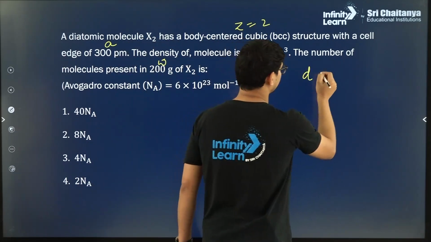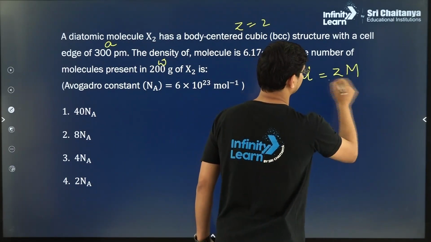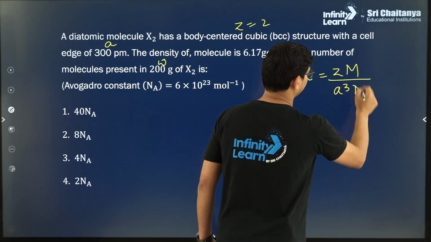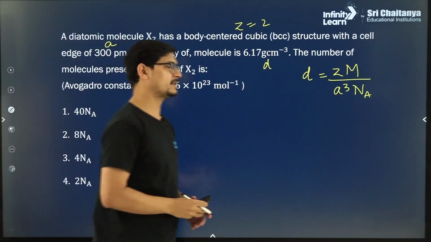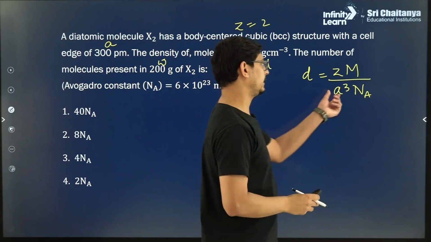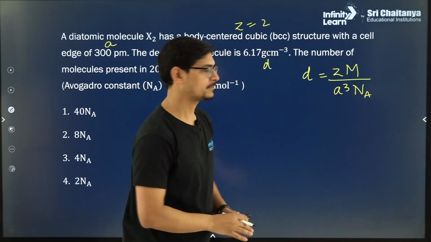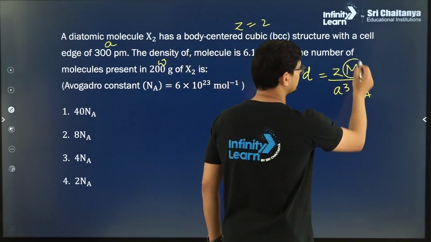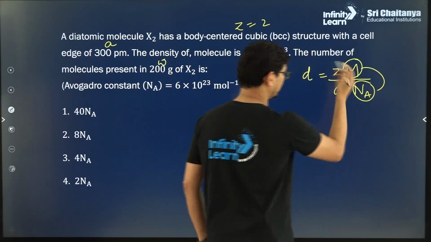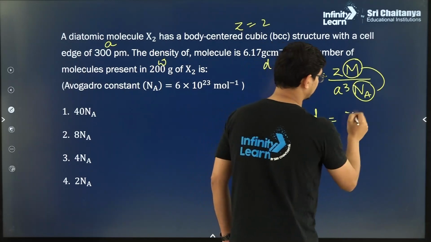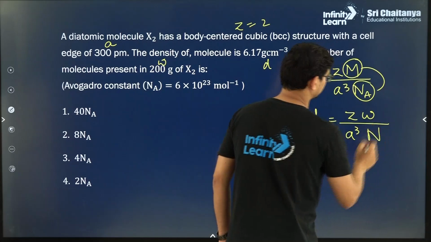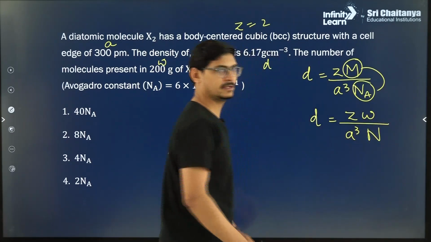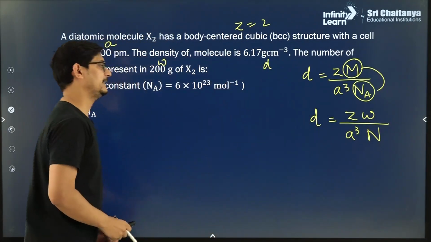We know that d = ZM/(a³N_A), where Z is the number of particles per unit cell, M is the molar mass, a is the edge length, and N_A is the Avogadro number. M is the mass of 1 mole of particles, so I can modify this formula and instead take W, the mass of N particles. That makes your question very easy.